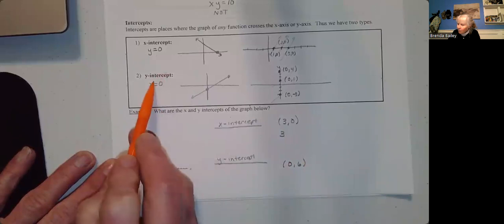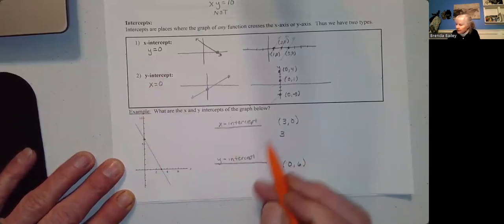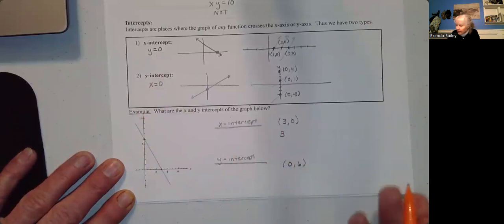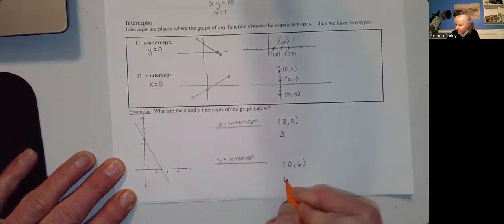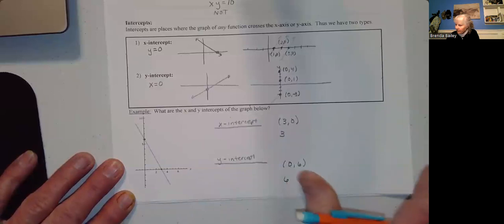Because when it hits the y-intercept, the x is 0. So that would be the y-intercept 0, 6, or it just may say, where does it hit? And you would just write 6. It may ask for an ordered pair, or it may just ask the number where it hits the y-axis. All righty, good.